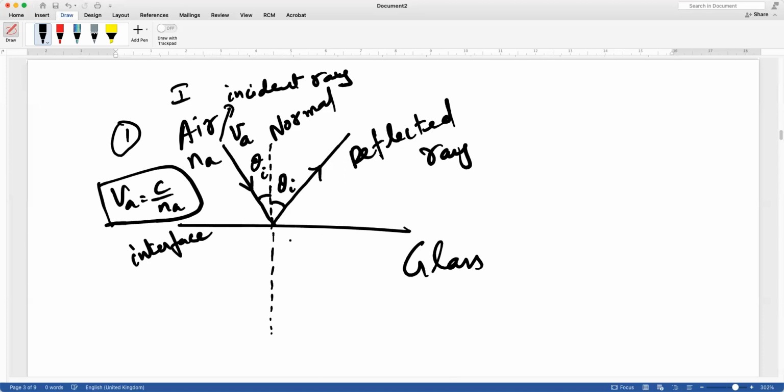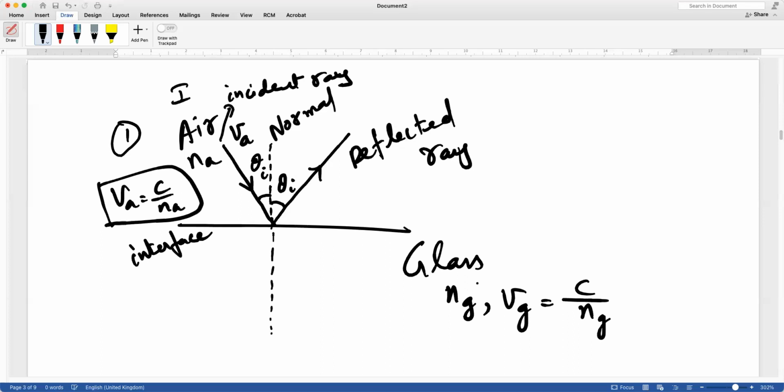Yes. Okay, and then now there is a question, because it is going through, let's say the glass has a refractive index Ng, and because of that we know how to calculate the Vg, which is given by C over Ng itself.